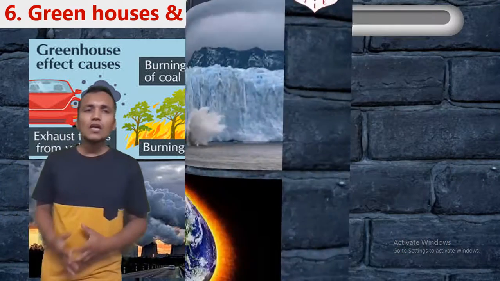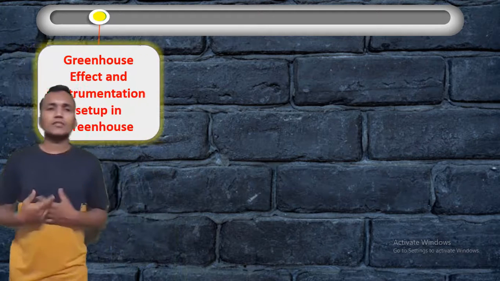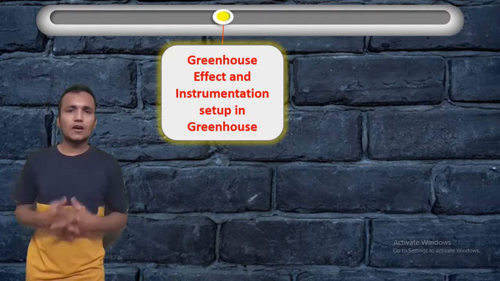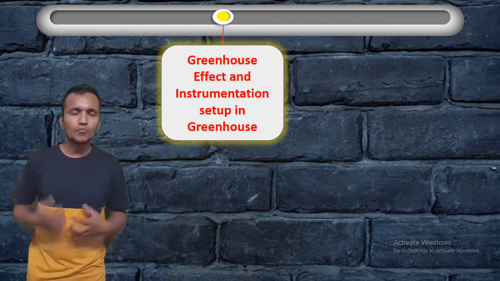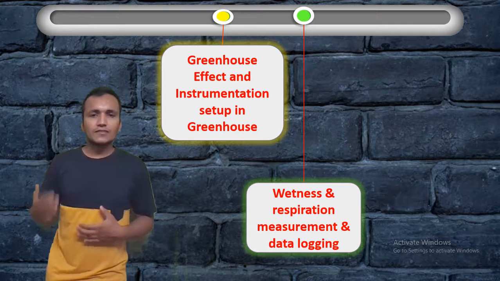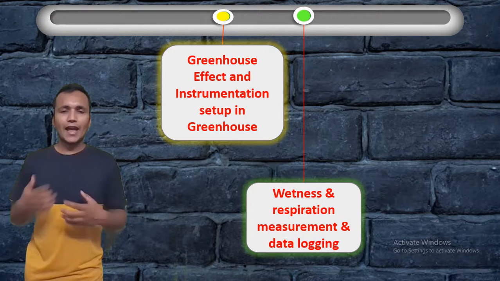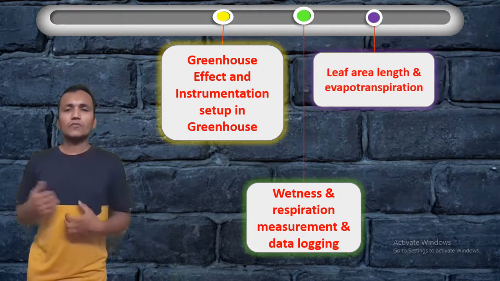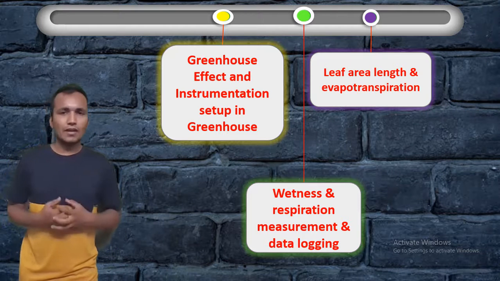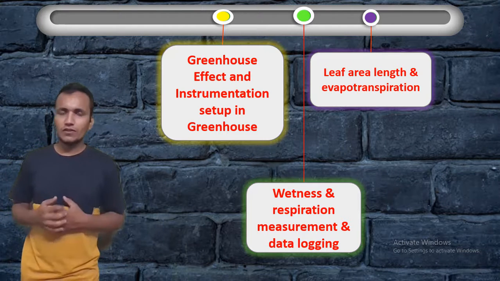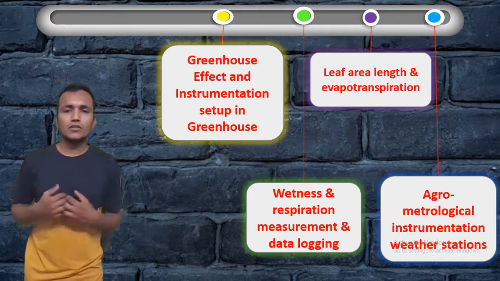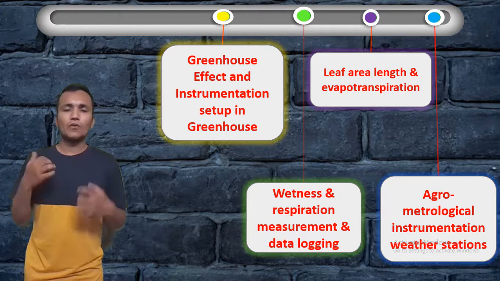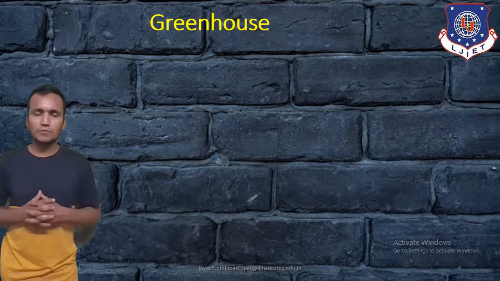In this chapter, we will discuss the greenhouse effect and instrumentation setup in a greenhouse, then photosynthesis and respiration measurement and data logging, then leaf area and evapotranspiration, and last, agrometeorological instrumentation and weather station. That is the content we have to study in this chapter.